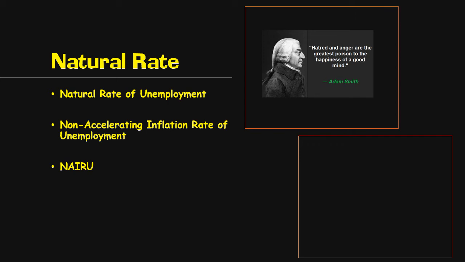All right? And remember that Milton Friedman dragged this word natural out of Adam Smith's playbook to connect himself back to Adam Smith and the classical economists. For Adam Smith, natural was his way of saying equilibrium. So there's more to it than that. There's a philosophical thing behind it too.